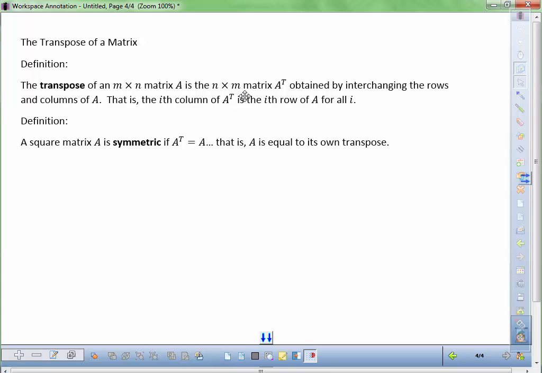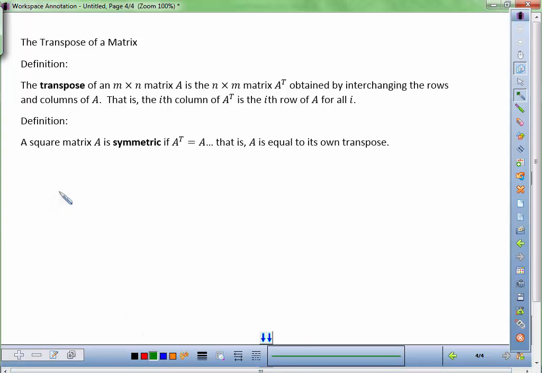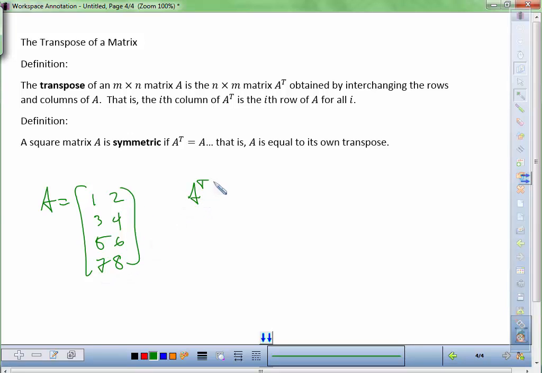All right? So I guess we should do just a couple of really simple examples. If your A is equal to 1, 2, 3, 4, 5, 6, 7, 8, then your A transpose is equal to 1, 3, 5, 7, 2, 4, 6, 8.